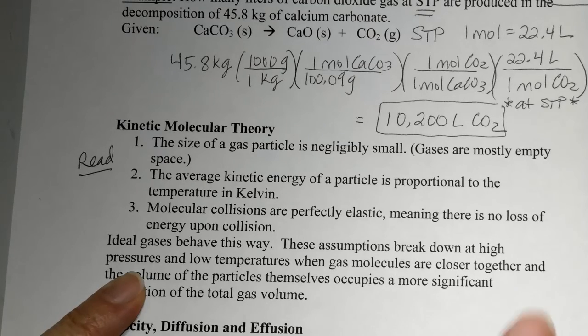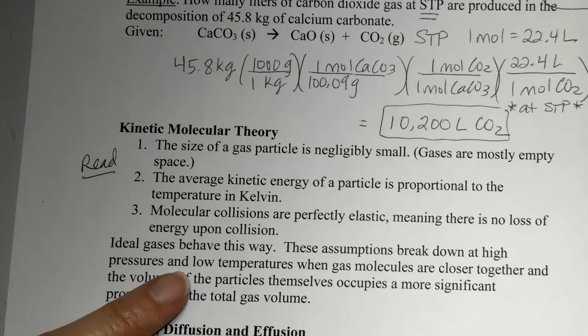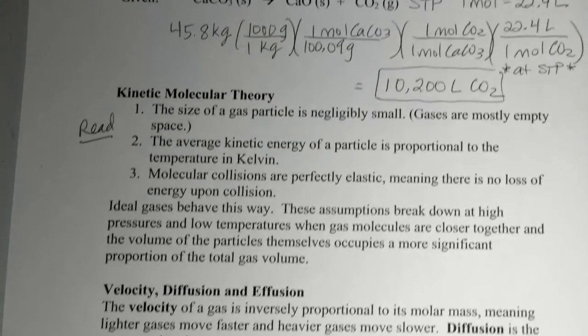When they're at high pressure or low temperature, what you think about is those molecules start to become very close together. And that's when that ideal behavior falls apart. They can start to have what are called intermolecular forces, and they will now sort of attract and repel with one another because they're closer together, and then they don't behave ideally. And velocity, diffusion, effusion.